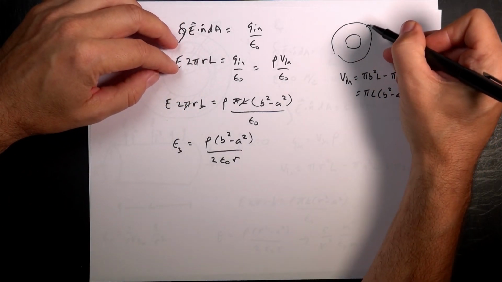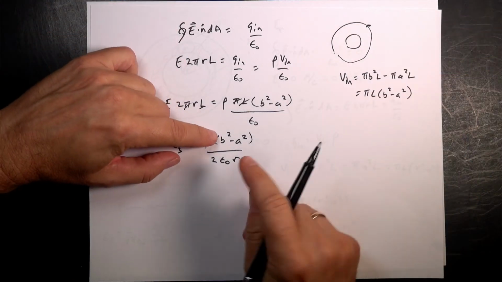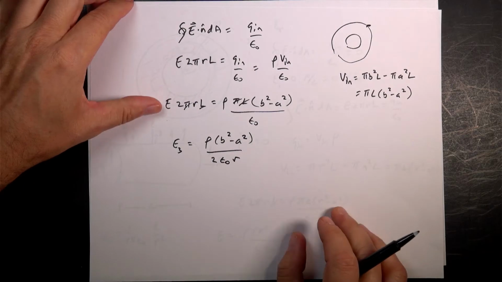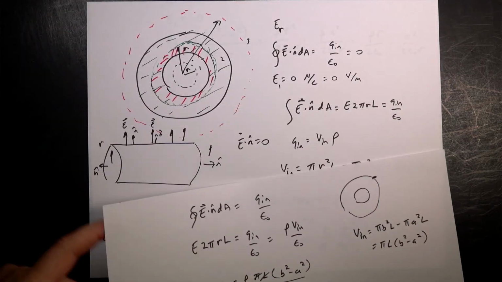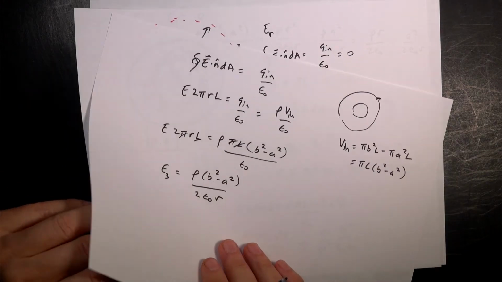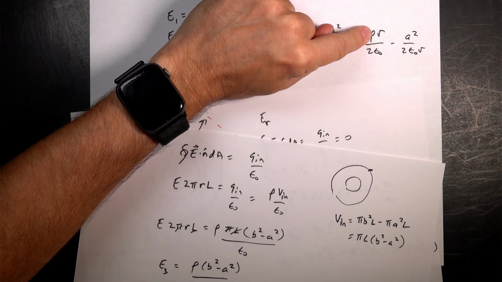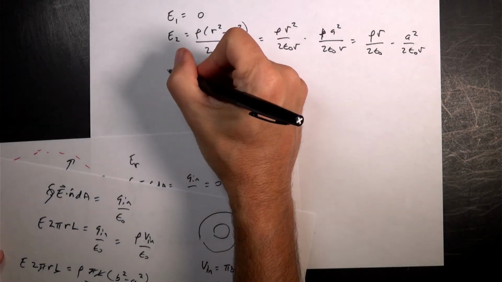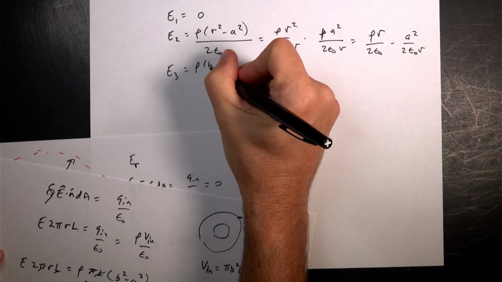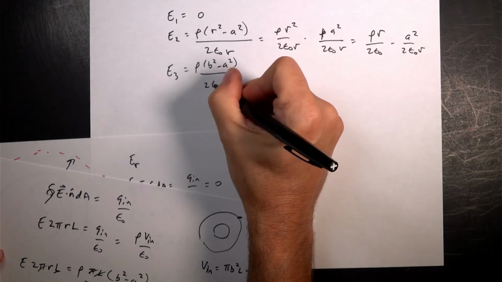If r is equal to b, then I'm going to get b squared over b, which is just b, right? So I'll get a term just like that. So let's write down E3: rho times b squared minus a squared over 2 epsilon naught r.